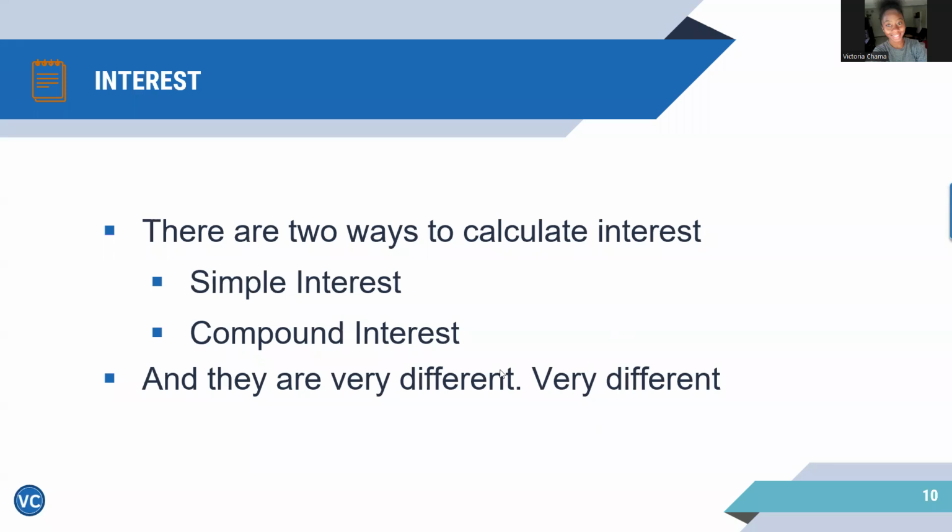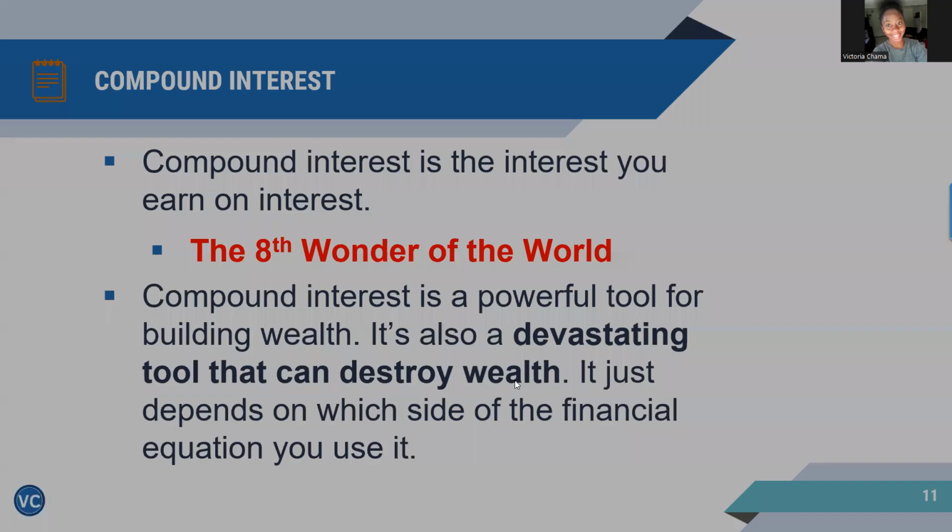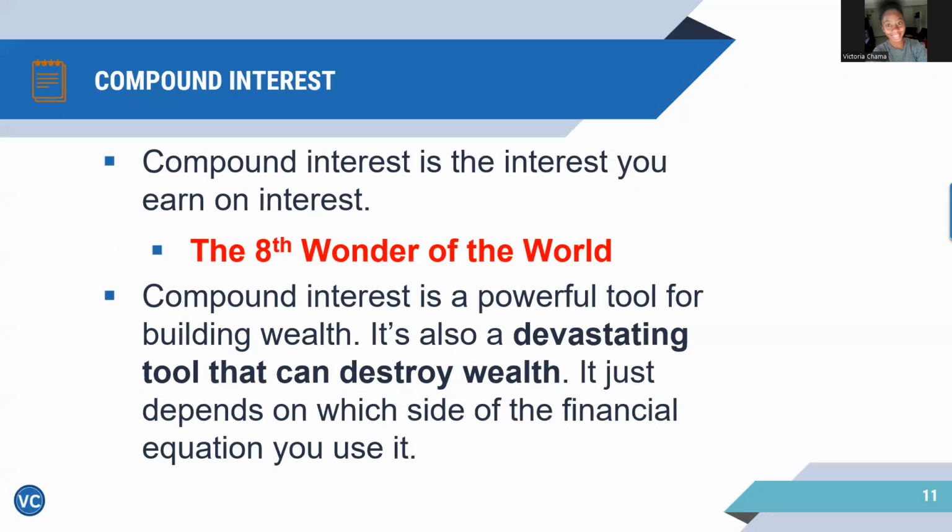So the idea is you want compound interest because that is how your money is going to grow. And everyone who understands compound interest will tell you that it is indeed the eighth wonder of the world.